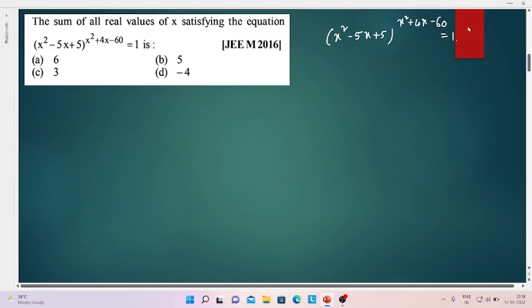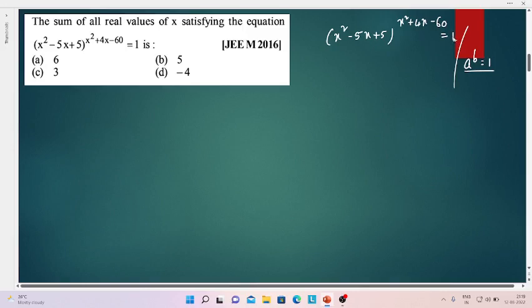Here you can see that the equation is of the form a to the power b equals 1, right? Where a is nothing but x square minus 5x plus 5, and b is nothing but x square plus 4x minus 60.